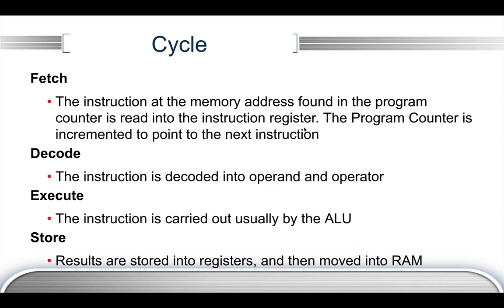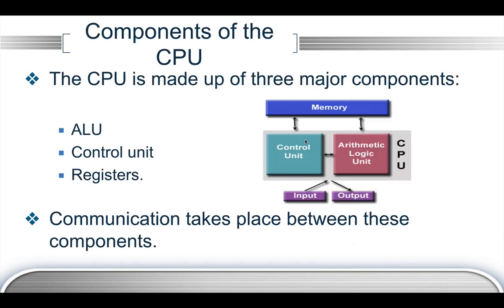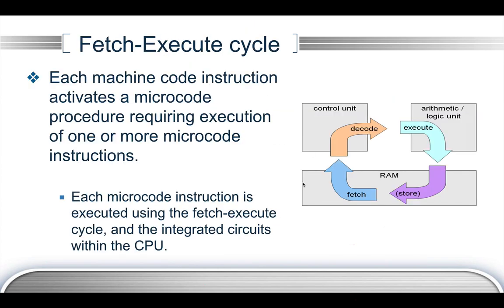It is read into the instruction register, and the program counter is incremented to point to the next instruction. It's a fancy way of saying the next instruction is picked up in RAM, fetched, and passed on to the control unit.